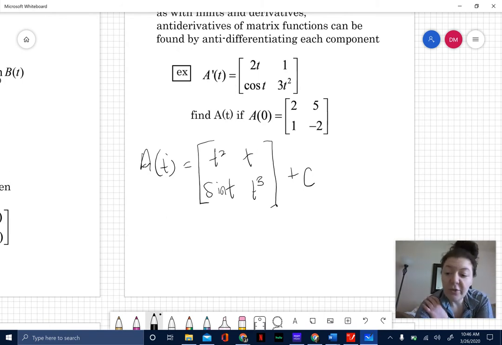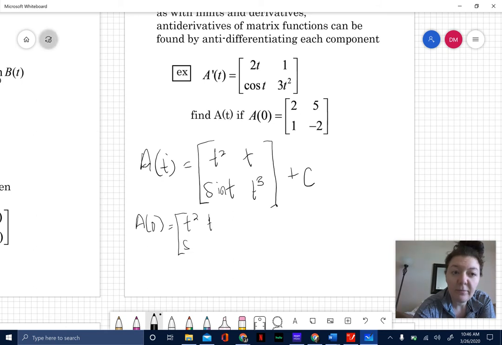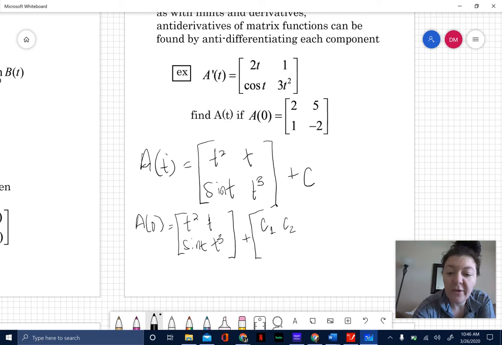Okay, we can do some matrix operations here if we take into account that what we have for A of 0, evaluated at 0, would be this same matrix plus each of those respective C values. And we know that that's equal to this matrix that we were given up here.